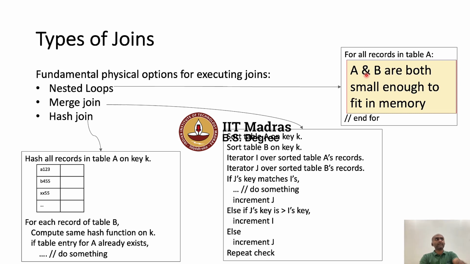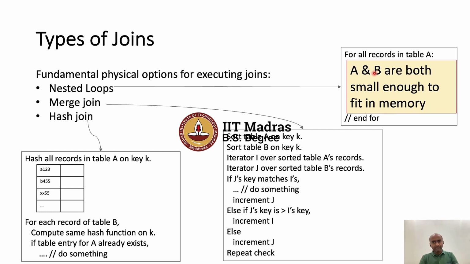So this means effectively that for nested loops to work, the data sets A and B should be small enough to fit in memory. Then, in which case, we can just breeze through at CPU speed.